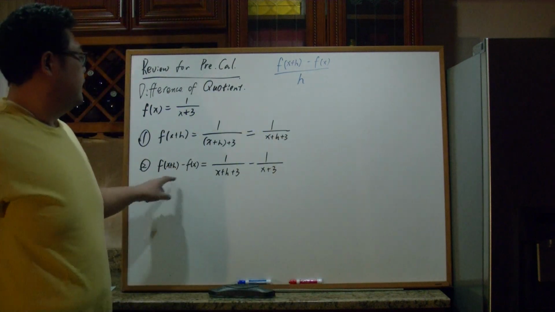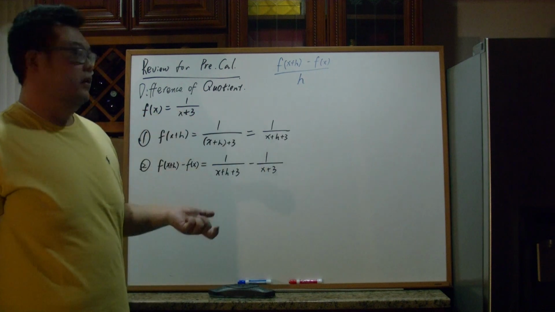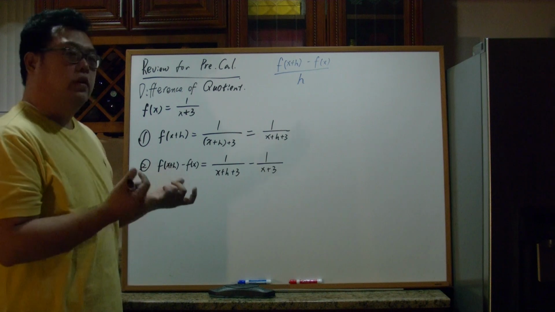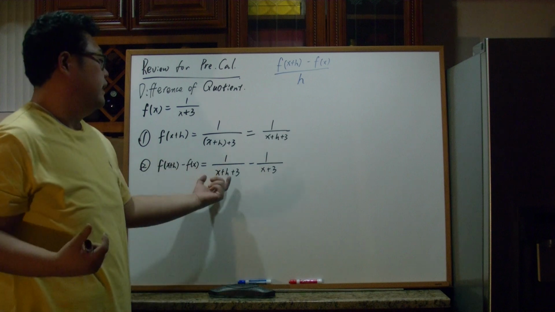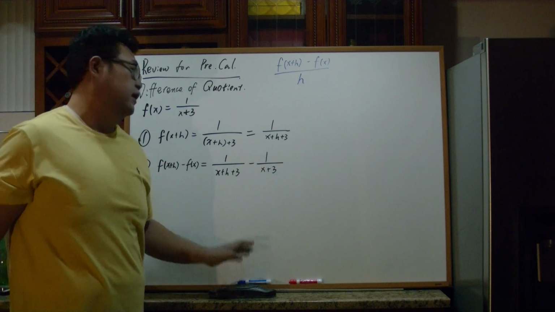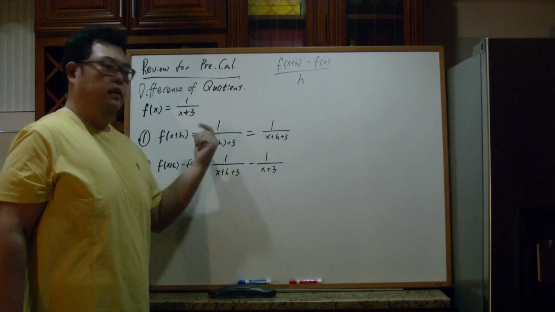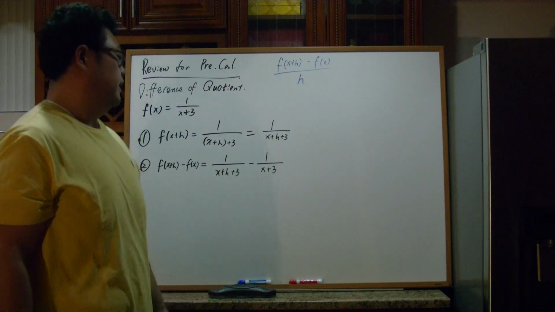The f of x plus h was the expression, the f of x was given. The difference of two quotients, we could combine them together. The thing was called finding the least common denominator, or least common multiple of the denominators, and multiplying, and we get a single fraction, basically.